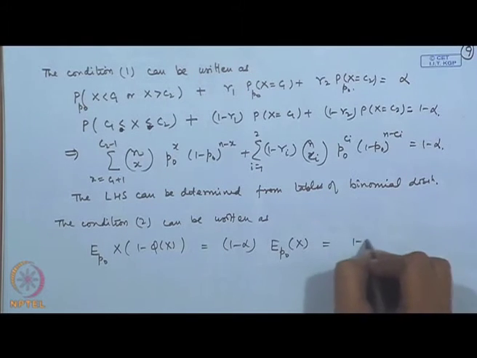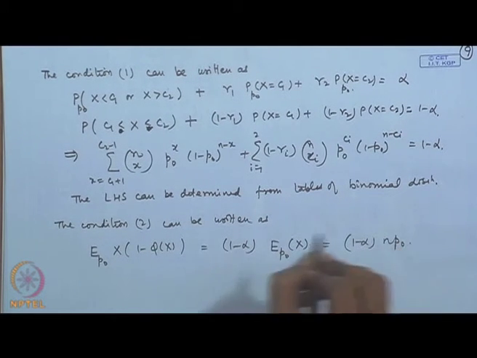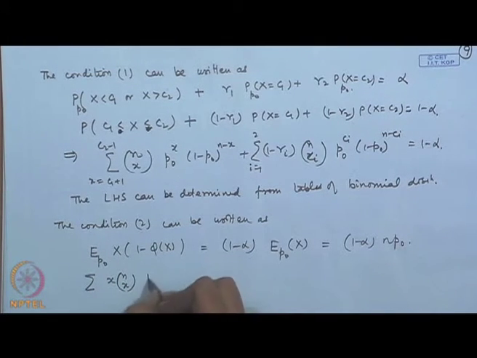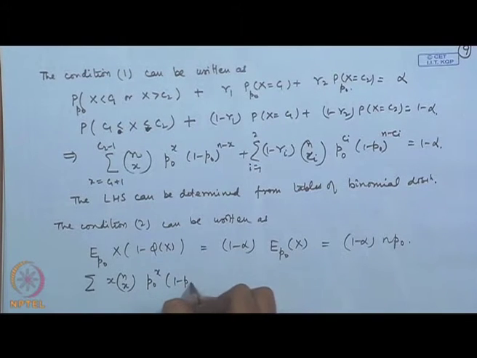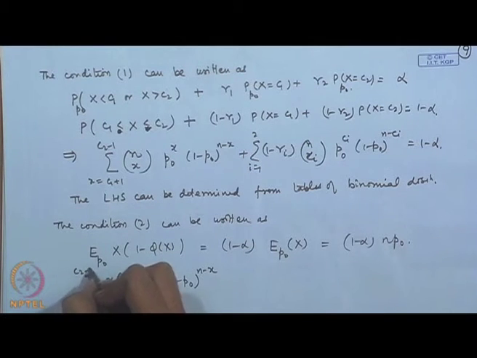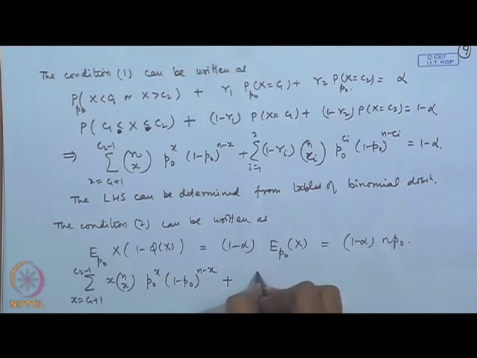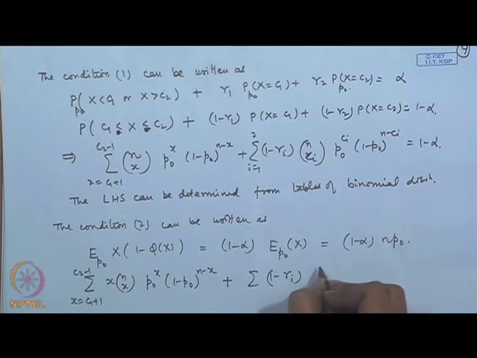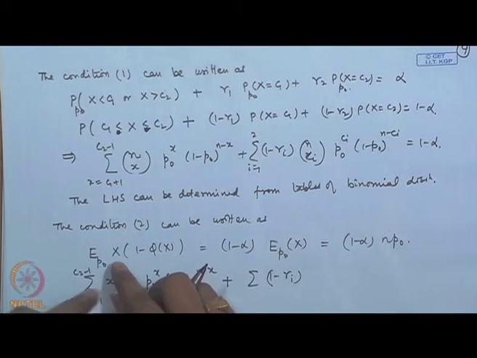Now, this is equal to 1 minus alpha into n p naught here. Now, the left hand side, if you look at once again, this is becoming sigma x into n c x p naught to the power x 1 minus p naught to the power n minus x for x is equal to c 1 plus 1 to c 2 minus 1, plus sigma 1 minus gamma I into n c I into c I, because we are considering multiplication of x.